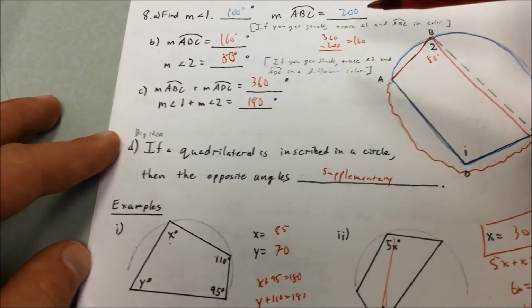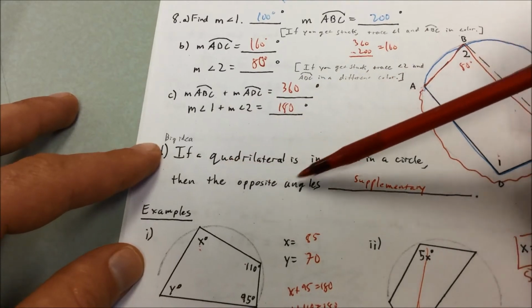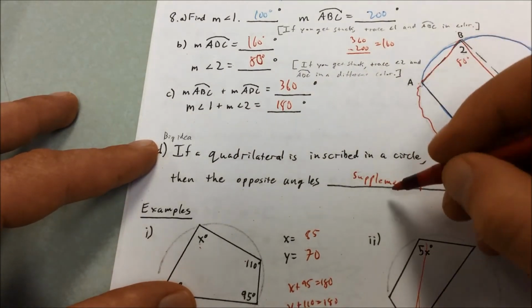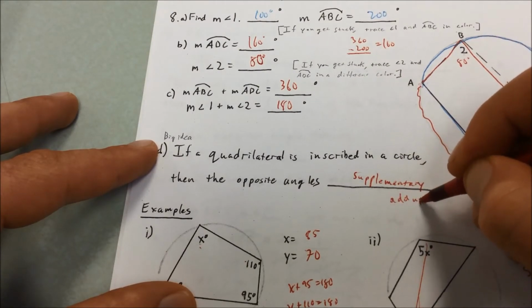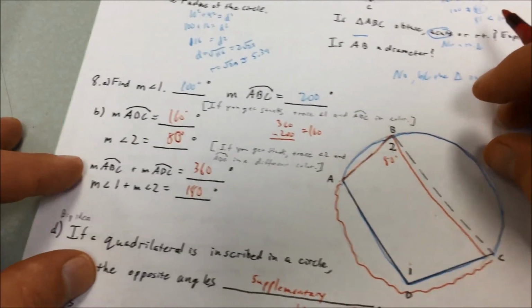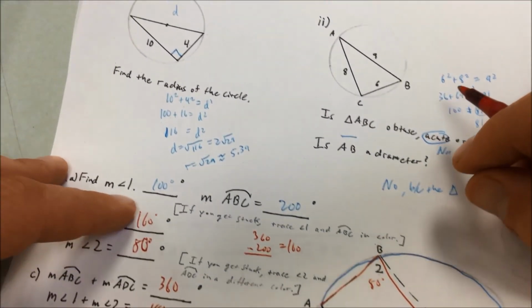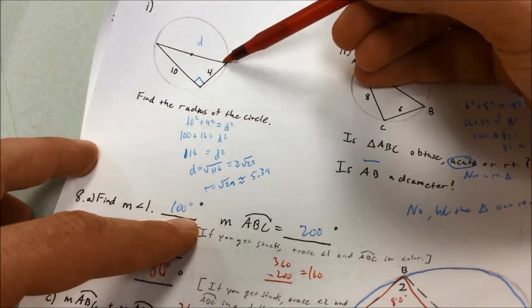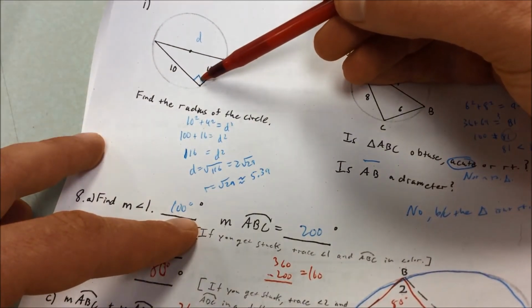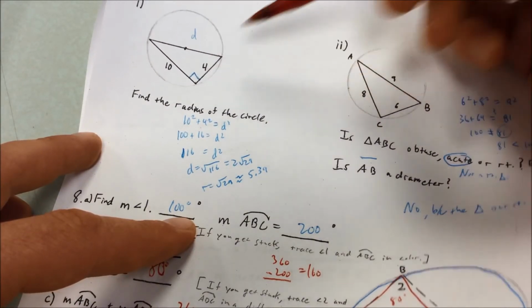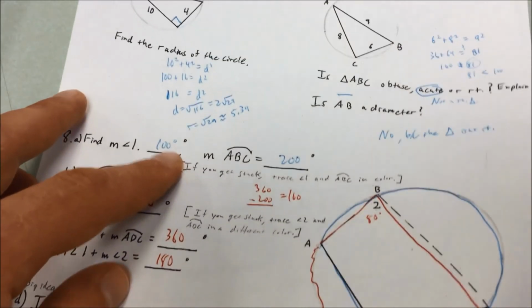So the big ideas we have here: if it's a quadrilateral inscribed in a circle, the opposite angles are supplementary. They add up to 180. And if we have a diameter in a circle, that angle has to be 90 degrees because that's 180, so that's got to be 90. Inscribed angles are half. Thanks for watching.